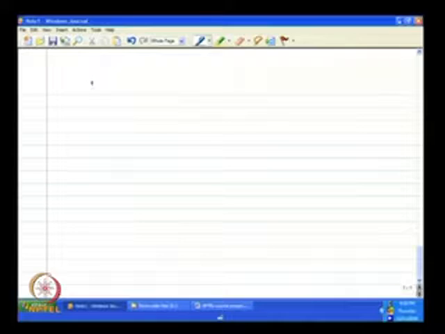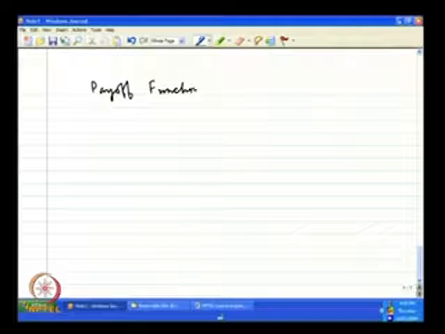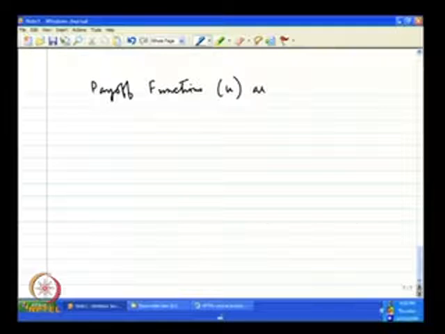So this is the demand of consistency. Another point I want to make about this payoff function is that the payoff functions, that is U, are ordinal functions.